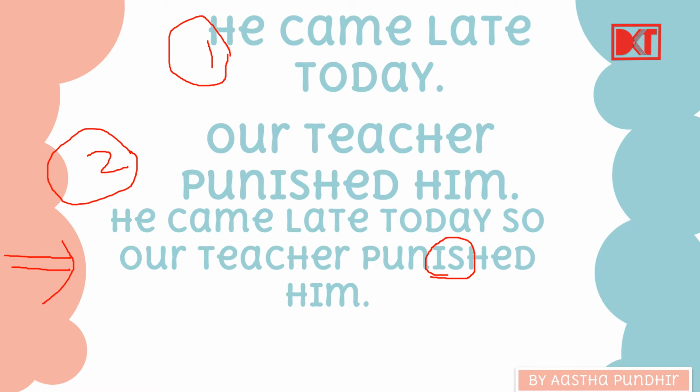Right? So जो यहाँ पे so क्या काम कर रहा है? It is joining these two sentences, and second चीज इन दोनों को join करके जो sentence बना रहा है उसको meaning दे रहा है. क्या? Word so. All right.